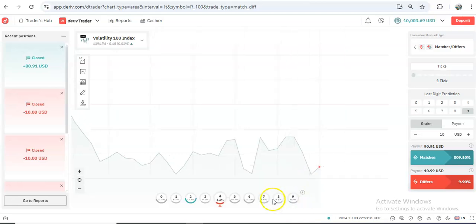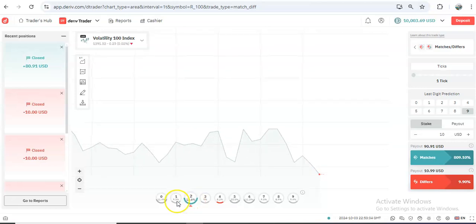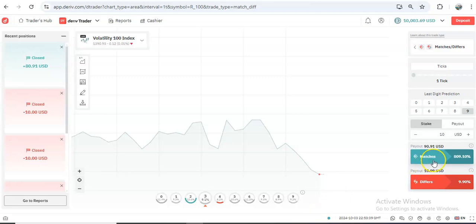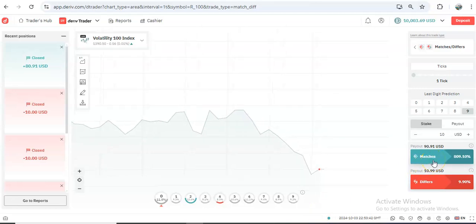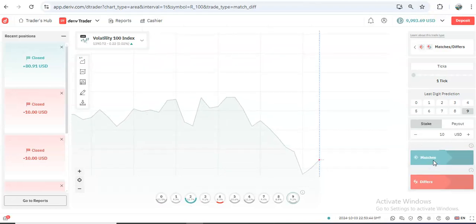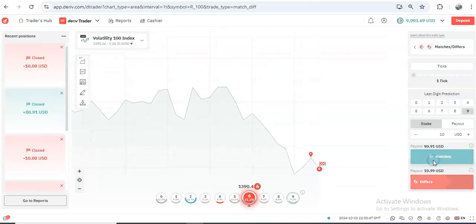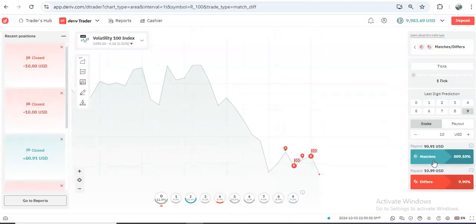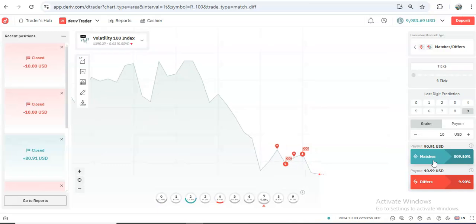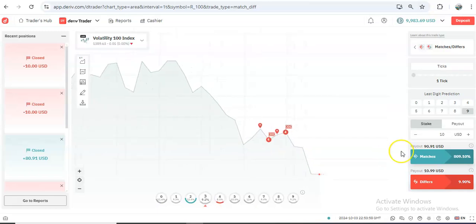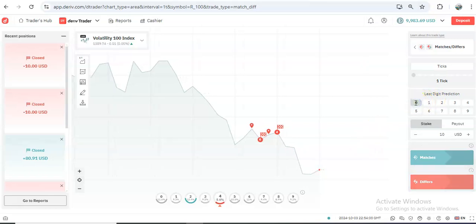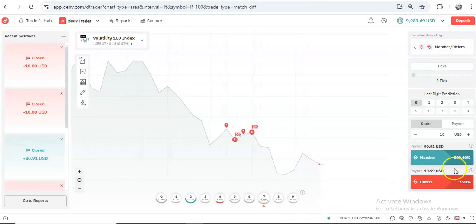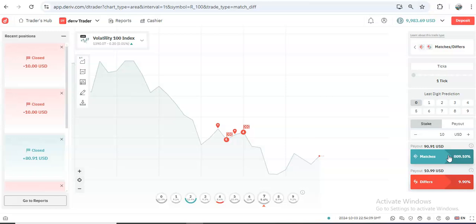I don't know if you have gotten that. So 9, 1, and then, let's try to do that and see. I have entered a bit late. I haven't waited for it to touch 9 first, but we can choose to match with the highest, which is 0 instead of 9, because as you can see, 9 is a bit tricky to appear.